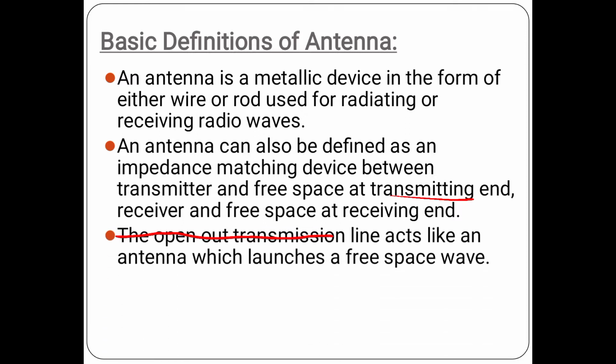Next, an open out transmission line acts as an antenna which launches a free space wave, which means the antenna has a transmission line that is open out. This open out area is used to transmit or receive EM waves.